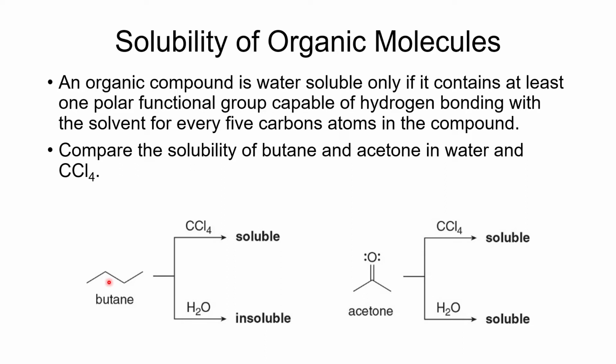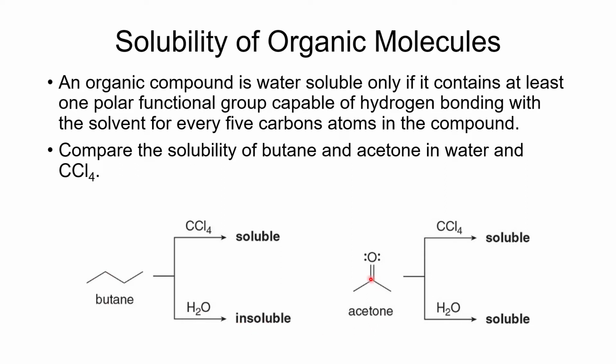So completely soluble is what we mean by that. Butane, if we put it into water, well, butane is nonpolar and water is polar. So the new interactions are only going to be dispersion forces, and they're not going to be as strong as the interactions between water molecules and between the butane molecules. So we're going to find that that will end up being insoluble.